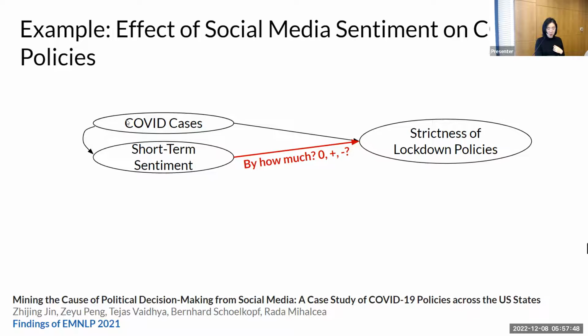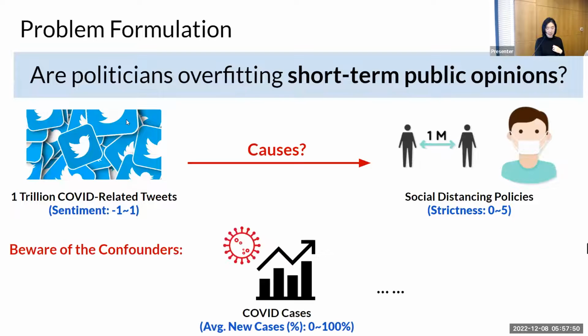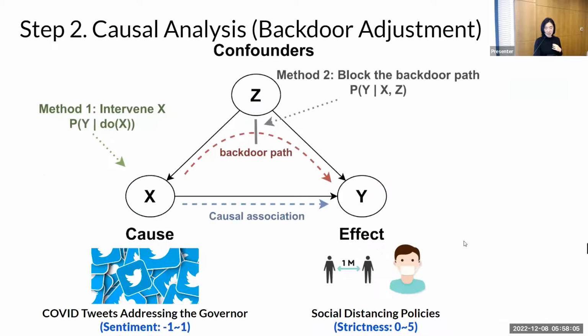So I will quickly go through the data collection part. Basically, people could collect 1 trillion tweets about COVID and get the sentiment, also collect the COVID cases day by day and get the social distancing policy strictness. Then with this data, we form this graph where the confounder, mainly the COVID cases, is this variable here.